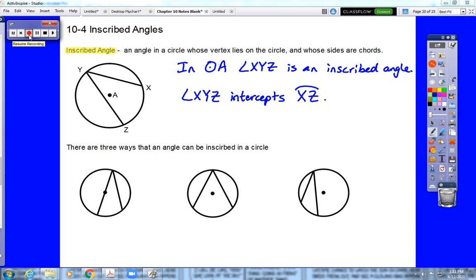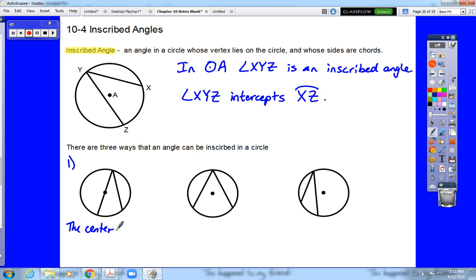In a circle, there are three ways that an inscribed angle can exist. They're shown here at the bottom of the slide. They're all based on the location of the center. For situation number one, the center lies on one side of the angle.